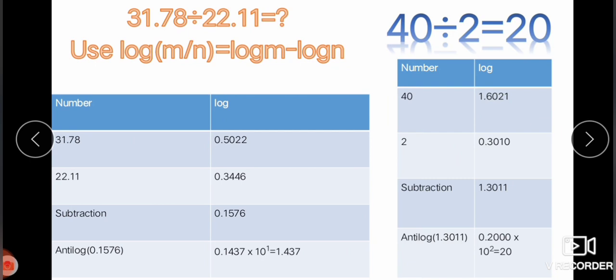Yes, these are the log of 40 and log of 2. Subtract these two. Subtraction is 1.3011.